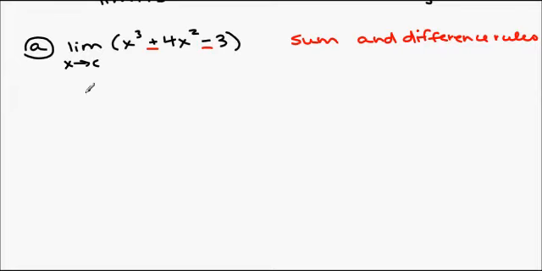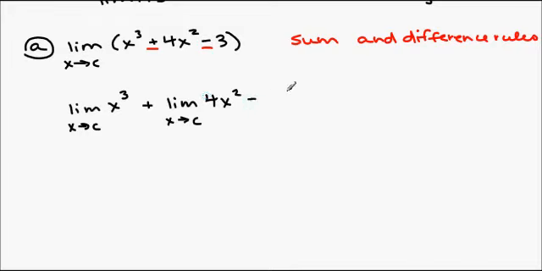So this is going to be the limit as x tends to c of x cubed plus the limit as x tends to c of 4x squared minus the limit as x tends to c of 3.